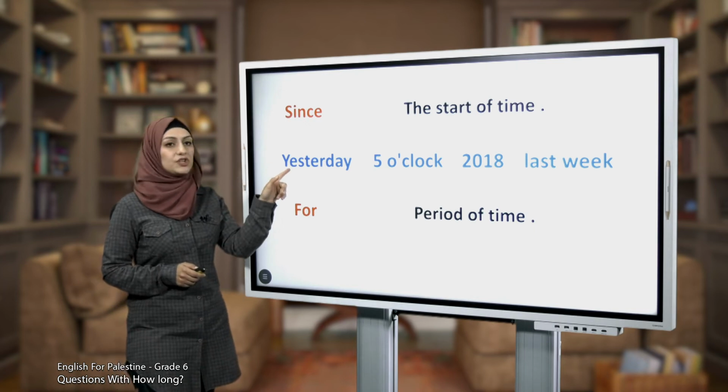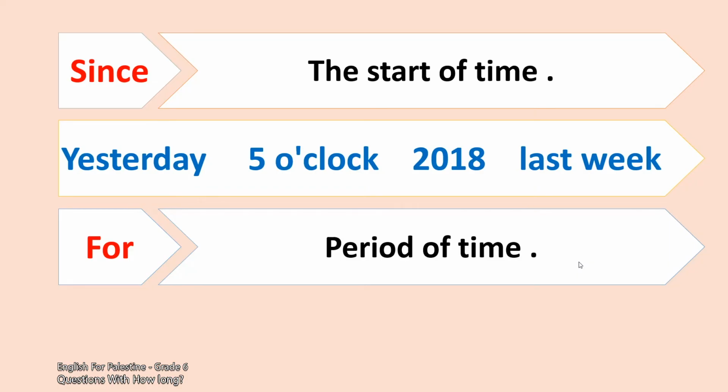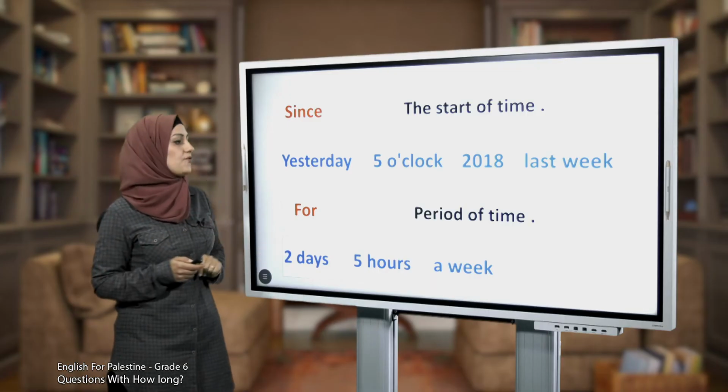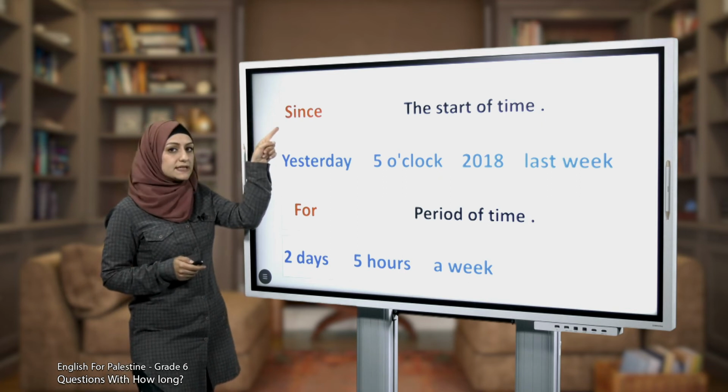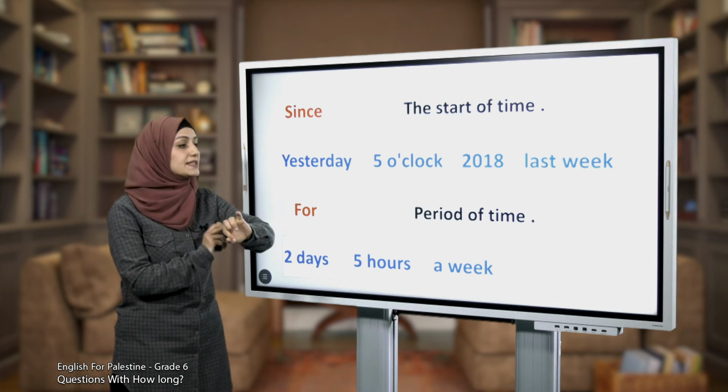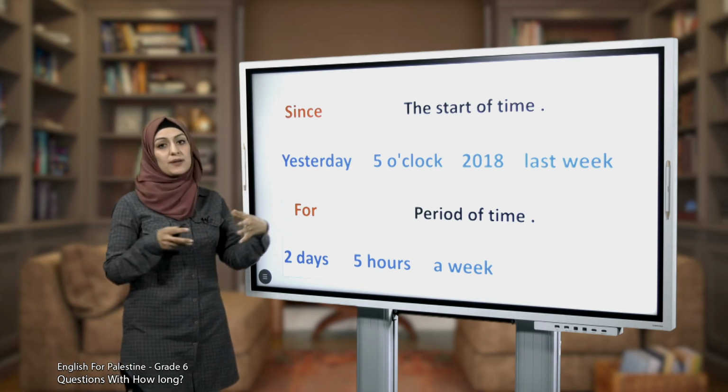Example, yesterday, 5 o'clock, 2018, and last week, all these time phrases show us the start of the time. While 2 days, 5 hours, a week, they all show us the duration, the period. Very good. So we use since when we want to talk about when the action started or has started. We use for to talk about the period.